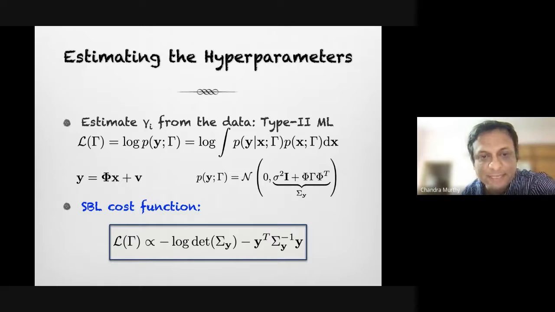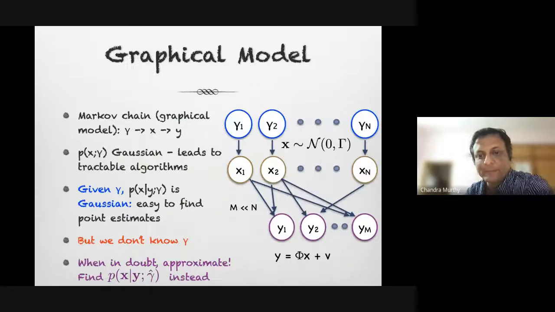Instead of maximizing the PDF of y parameterized by gamma, we can as well maximize the logarithm of the PDF of y parameterized by gamma. And this log of the PDF is the log. So actually, going back one slide here, y is equal to phi x plus noise.